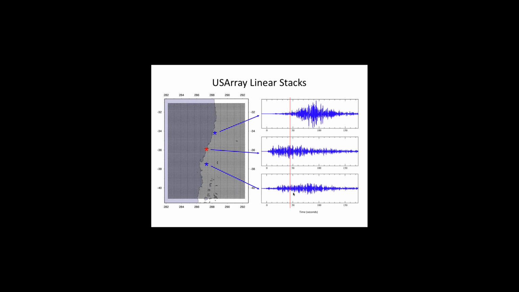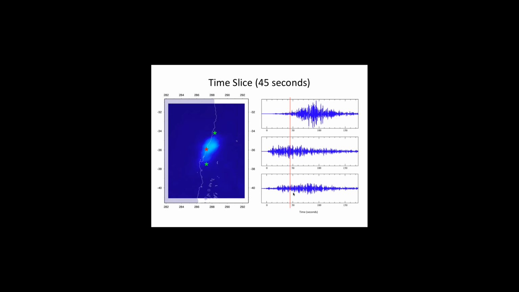If you plot these amplitudes at this time for all the grid points, this is the image you get. You can see you have the highest energy release close to the epicenter and slightly north of the epicenter at 45 seconds.